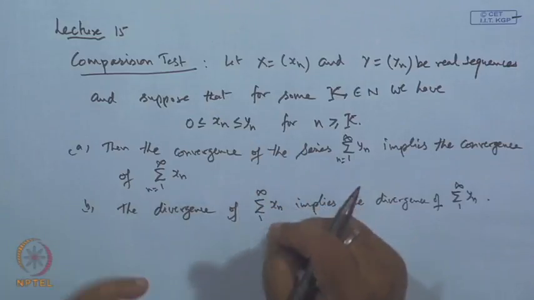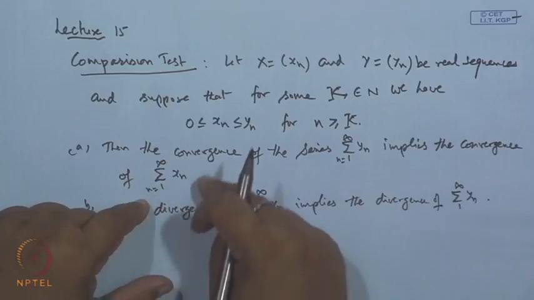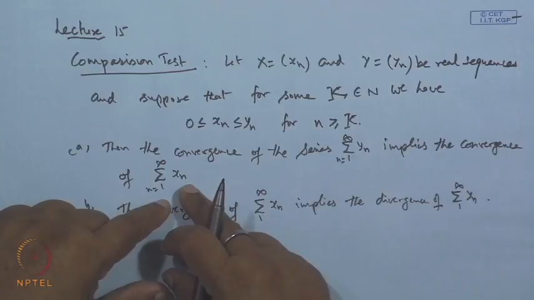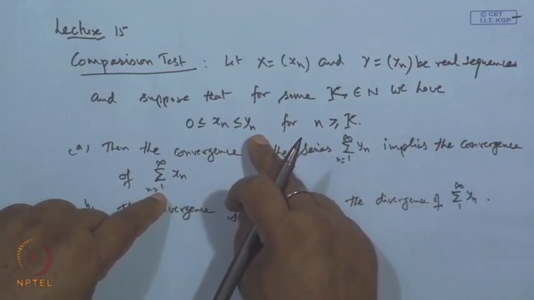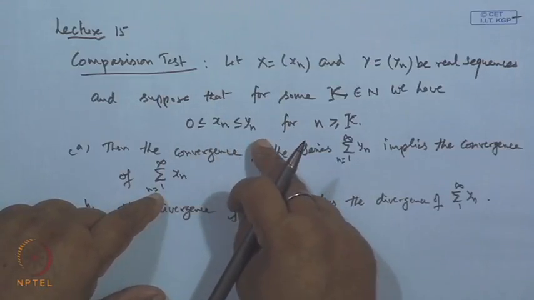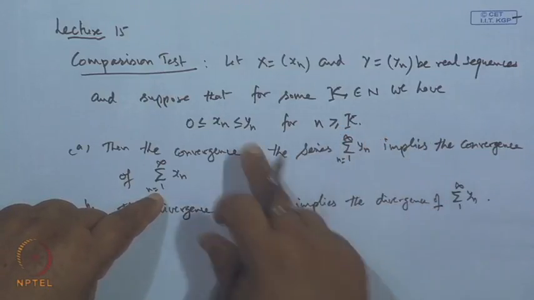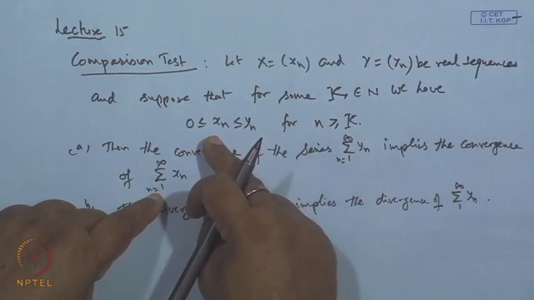So, what the comparison test says: if we are having a series sigma x n whose terms are non-negative, then to discuss the convergence of the series, or to find out the nature of this series sigma x n, if we are able to identify some sequence y n for which this relation 0 is less than or equal to x n, less than or equal to y n holds either for all n or maybe after a certain stage, then the convergence of y n will imply the convergence of the series sigma x n.